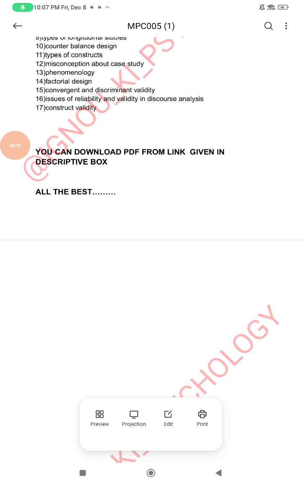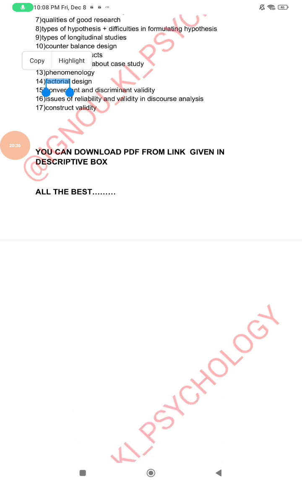So you have to write the definition as it is a 3 marker question. First, try to write the definition, then give its significance in research design, and then write some examples. That's enough.